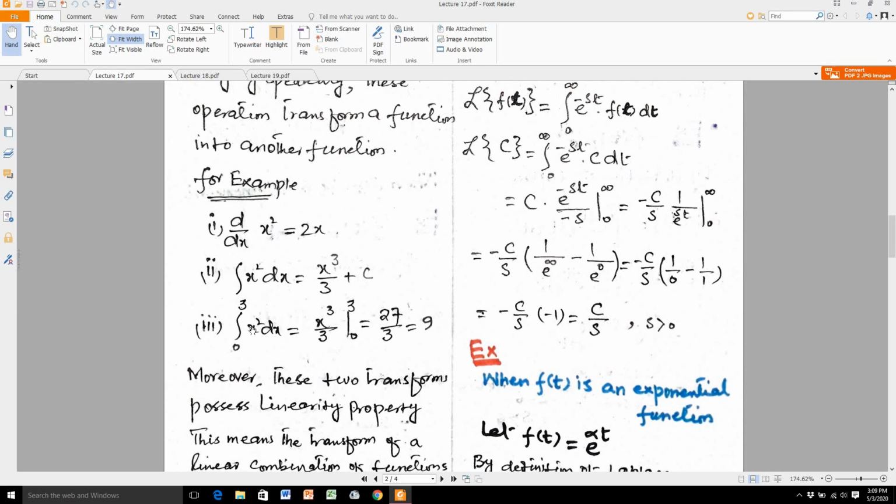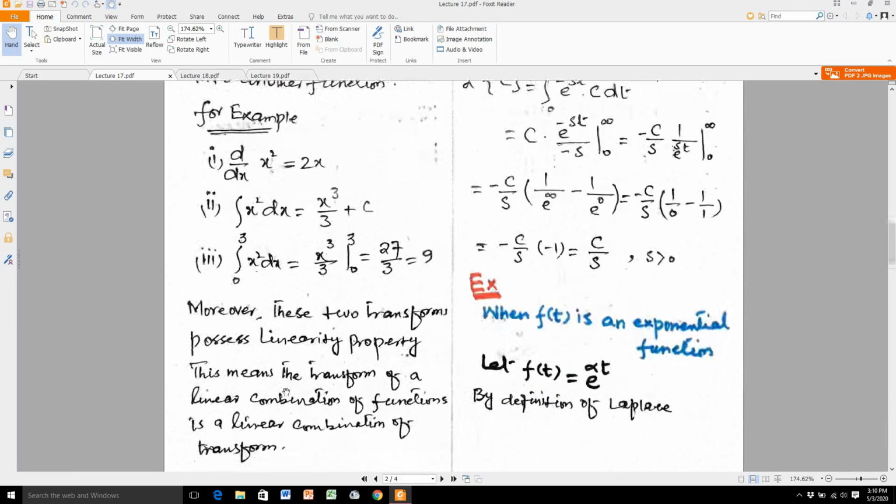Similarly, when we integrate the integrand over a closed limit, it gives our exact answer. Moreover, these two transforms possess the linearity property.